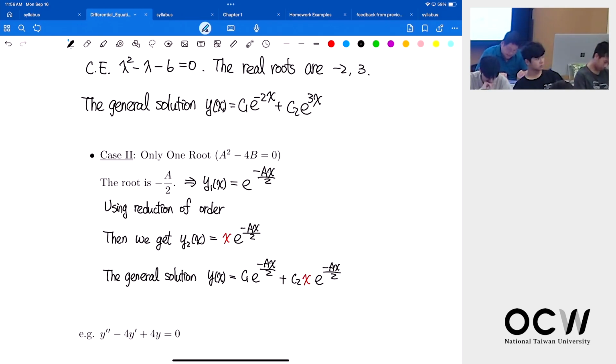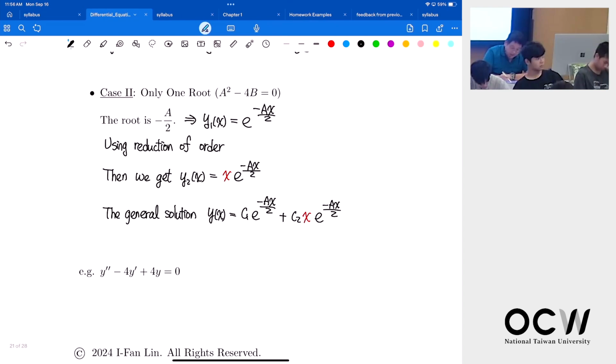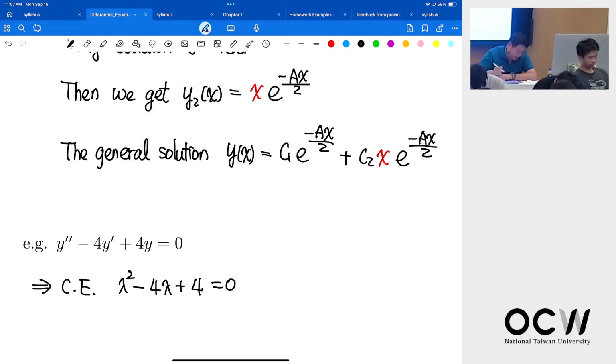Here is an example. y double prime minus 4y prime plus 4y equals 0. Again, you guess the solution is e to the lambda x. Then you get the characteristic equation lambda squared minus 4 lambda plus 4 equals 0, and your root is just 2.